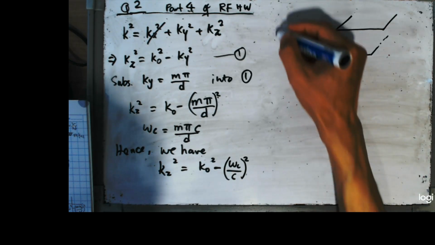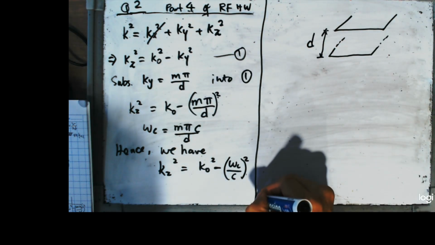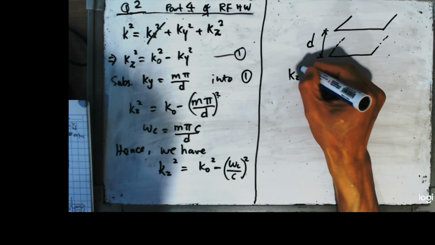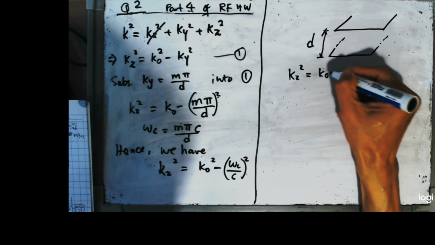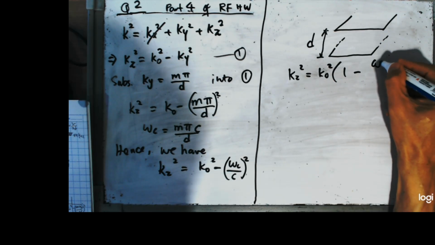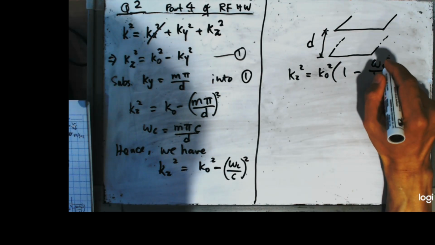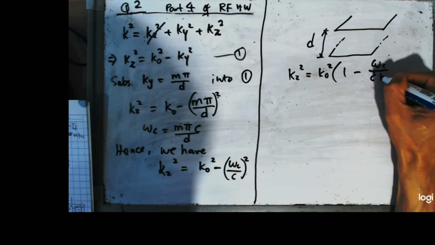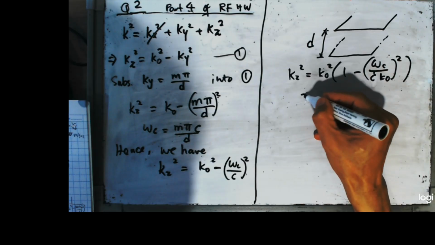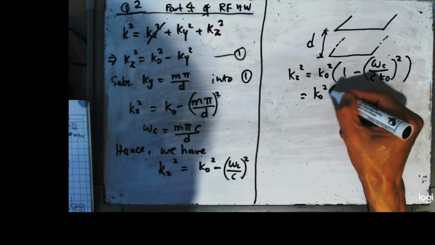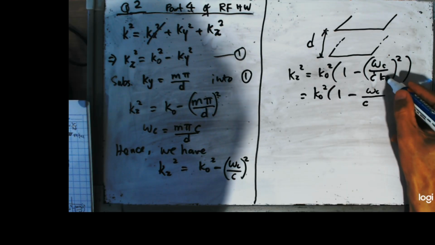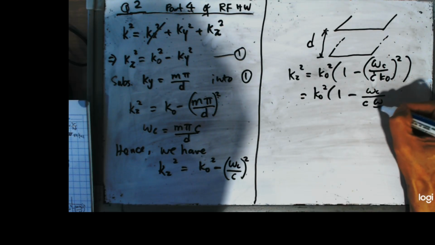But we know that kz squared is k naught squared, and then 1 minus omega c over omega, squared, since k naught is equal to omega over c.